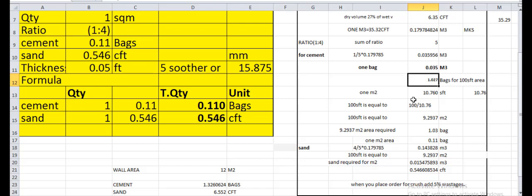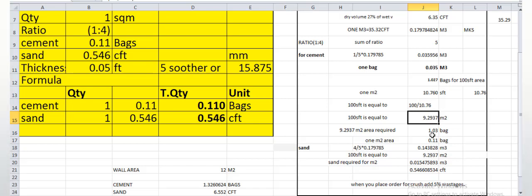If we have a 100 SFT area, we will require 1.027 bags of cement. As you know, the square meter is 3.28 times 3.28, so 1 square meter is equal to 10.76 SFT. 100 SFT divided by this conversion factor gives 9.2937. If we have an area of 100 SFT and show it in square meters, we have 9.2937.